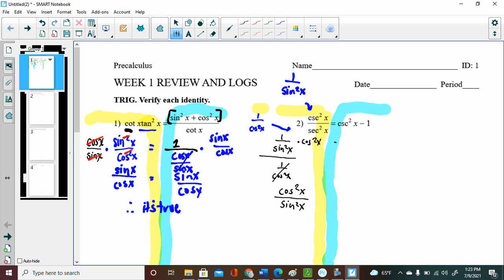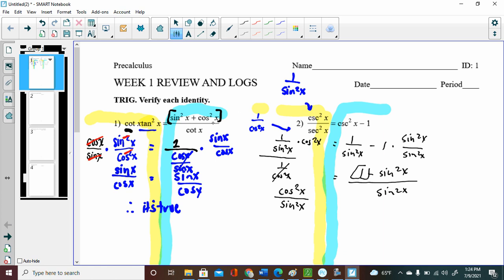So over here on the right, this is just 1 over sine squared x minus 1. So I want to combine these denominators. I want to get these on the same level, this minus 1 and then this 1. So I'm going to multiply by sine squared x. This is algebra. This equals 1 minus sine squared x over sine squared x. So what about this right here? I can change that to the sum.